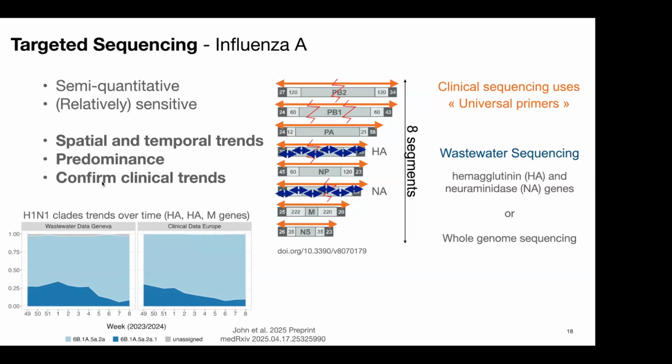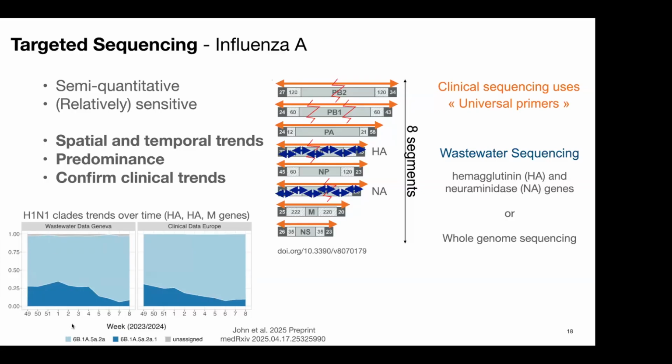And what I put here with confirmed clinical trends is that there are some people in the community who say that wastewater would help designing the next year's vaccine. And I think this is true in the way that it's not necessarily looking at the actual sequence by itself that would help, but it will help in knowing if the different clades found in clinical surveillance match the predominant clades that are also circulating in the population.